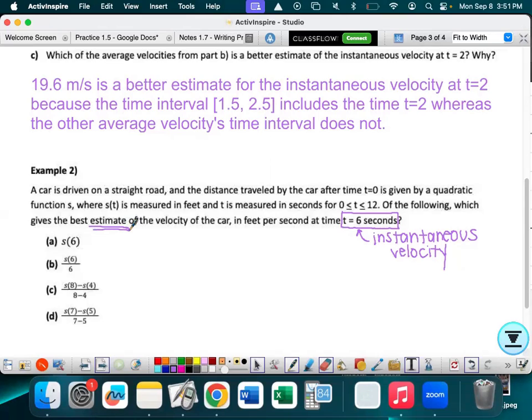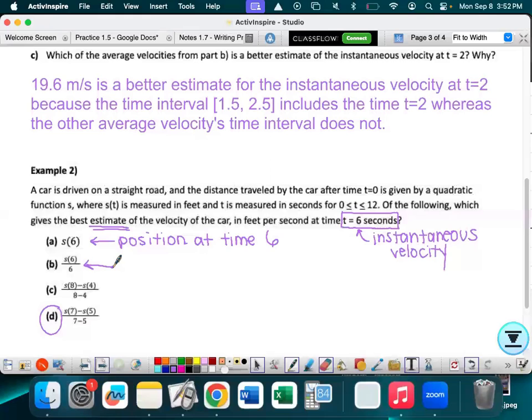So your best answer should be D. And here's why. Answer A just tells me the position at time 6. This doesn't represent anything.